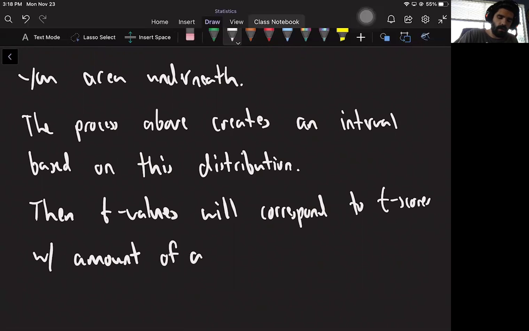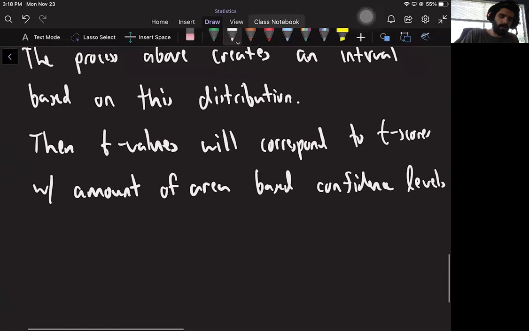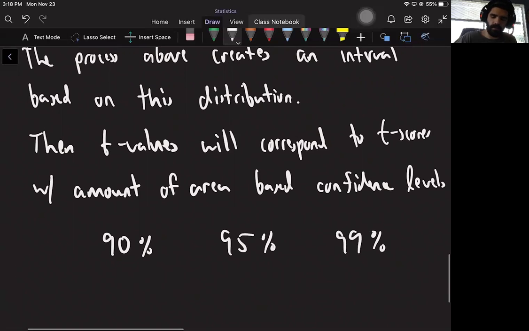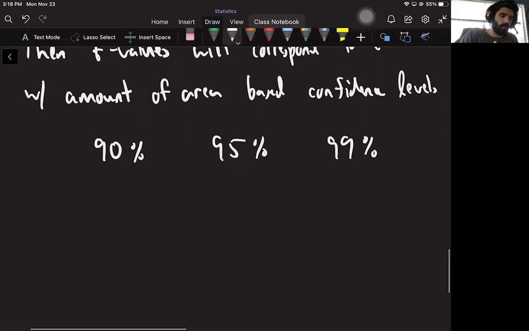So the amount of area is based on confidence levels. We're still going to always be looking at 90%, 95%, or 99% confidence levels. So we're going to make confidence intervals based on these numbers. And that just corresponds to another area in the middle, but now in the middle of this other distribution.